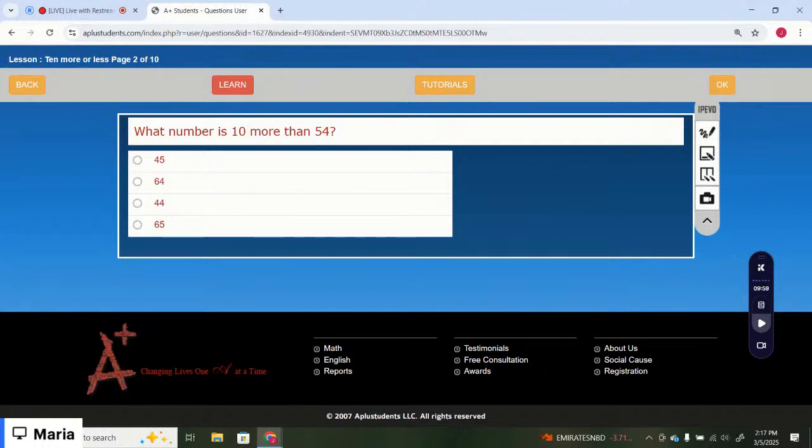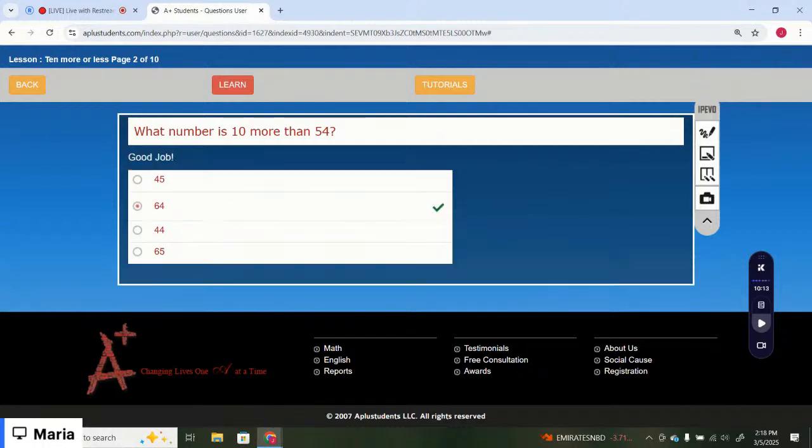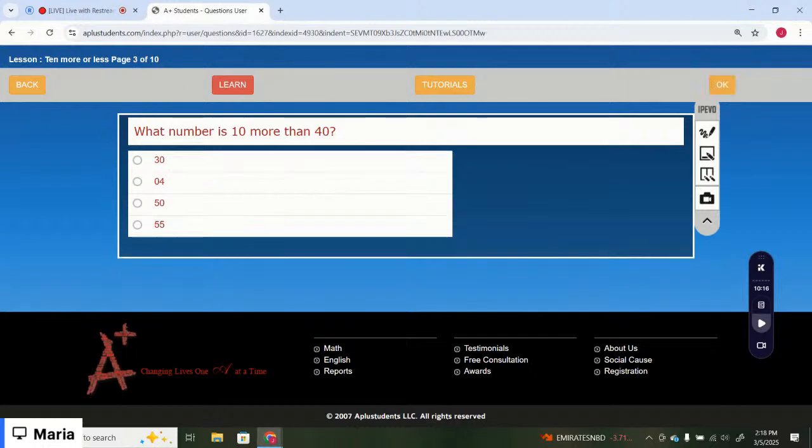So 54 plus 10 equals 64. Option number 2 is the correct option. What number is 10 more than 40?